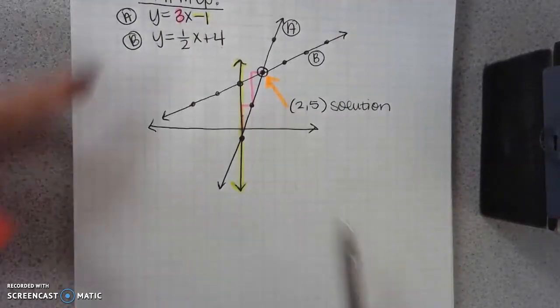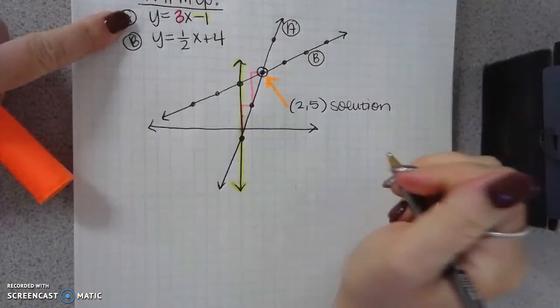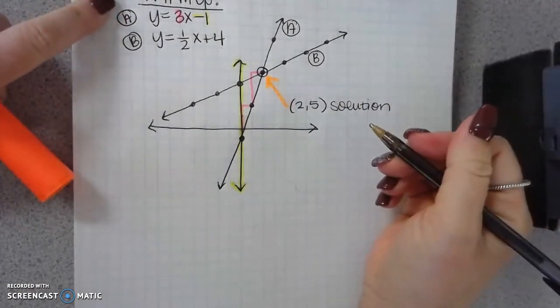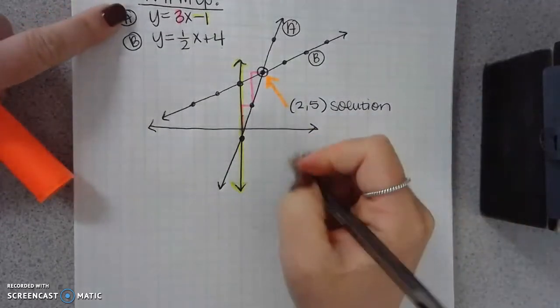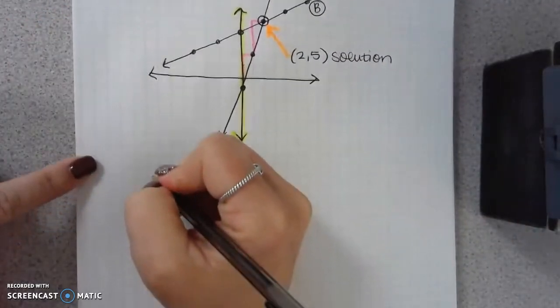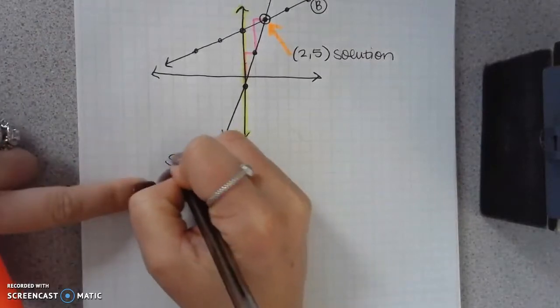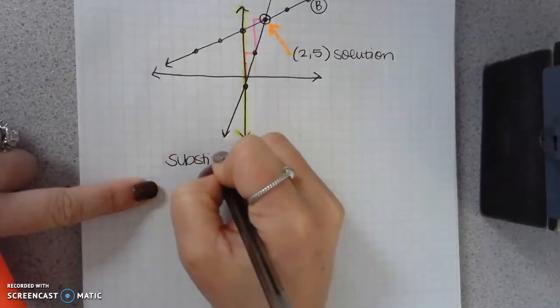So in our notes we talked about substitution: if they're both equal to y, you can set them equal to each other. So we're going to do that. Substitution.